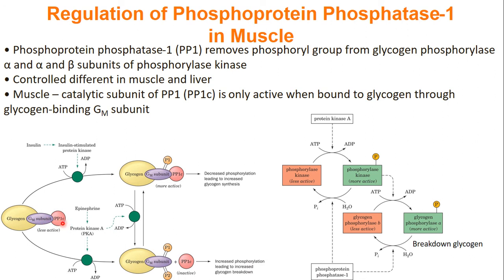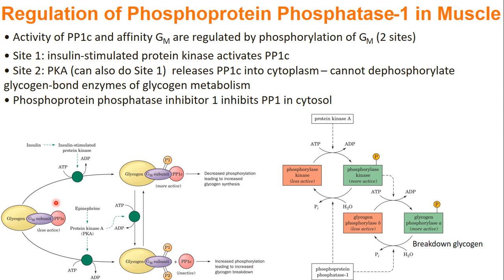PP1C is the catalytic subunit, and that's really only activated when it's bound to glycogen. All right, so the activity of PP1C, and the affinity of GM to glycogen, is regulated by phosphorylation. And the phosphorylation is on this GM subunit. Remember, it's the glycogen binding subunit.